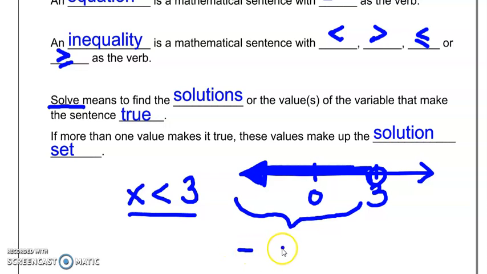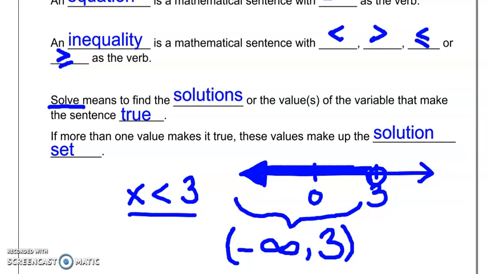So it starts at -infinity, and it goes all the way up to 3. And anytime we have an interval that starts with infinity or -infinity, we always use a round bracket on that side. And then on the side that has a number, like this one goes from -infinity up to 3, since we are not including the 3, we use a round bracket there as well.